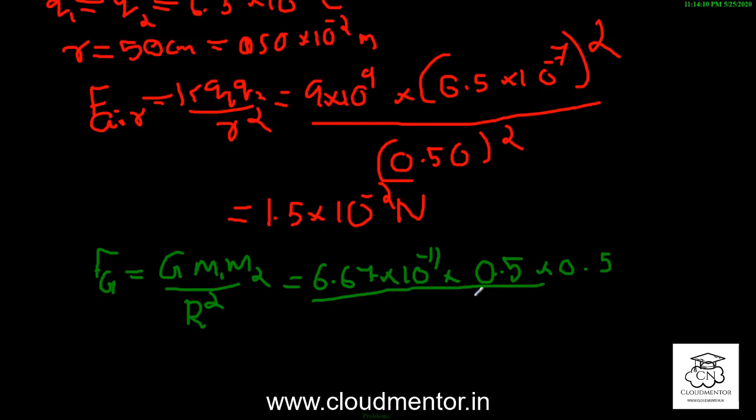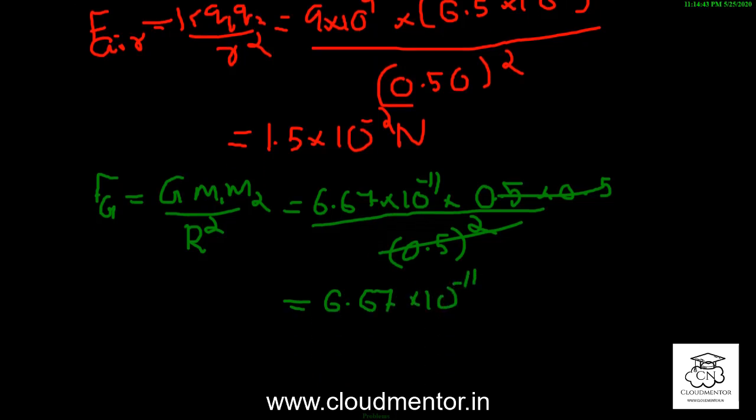R will be the same here, that is 0.50, the whole square, or 0.5 square, and by doing the calculation they will be cancelled out, and the answer will be 6.67 multiplied by 10 raised to minus 11.